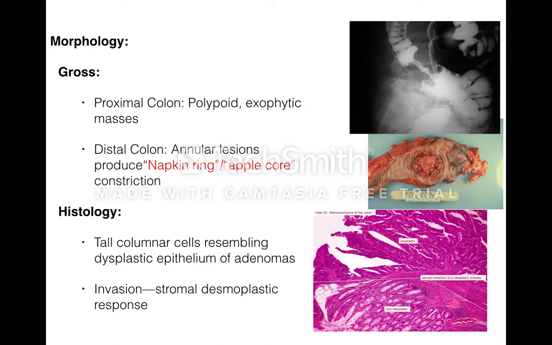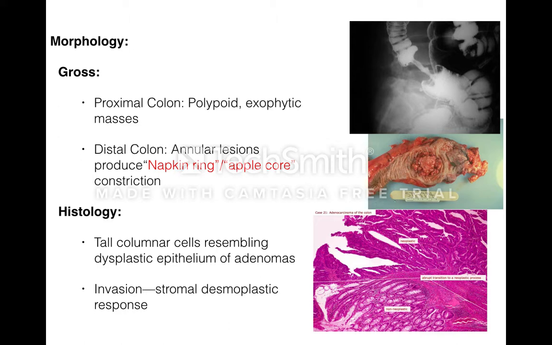So on gross exam, adenocarcinoma can vary morphologically based on its location. In the proximal colon, they tend to form polypoid masses that extend into the lumen of the colon, as you can see pictured in the middle right. In the distal or left side of the colon, they tend to form these annular lesions that produce constriction. On X-ray, this gives the characteristic napkin ring or apple core finding, as pictured in the top right.